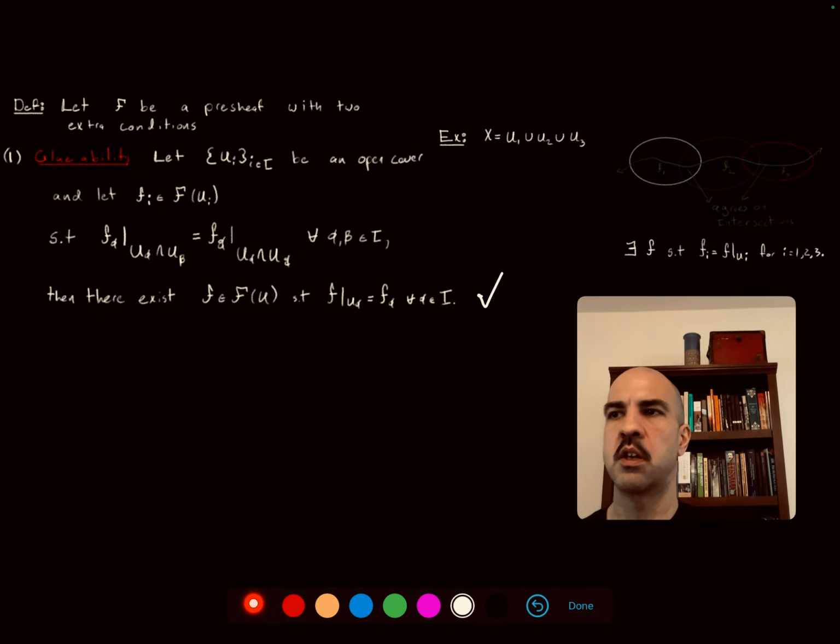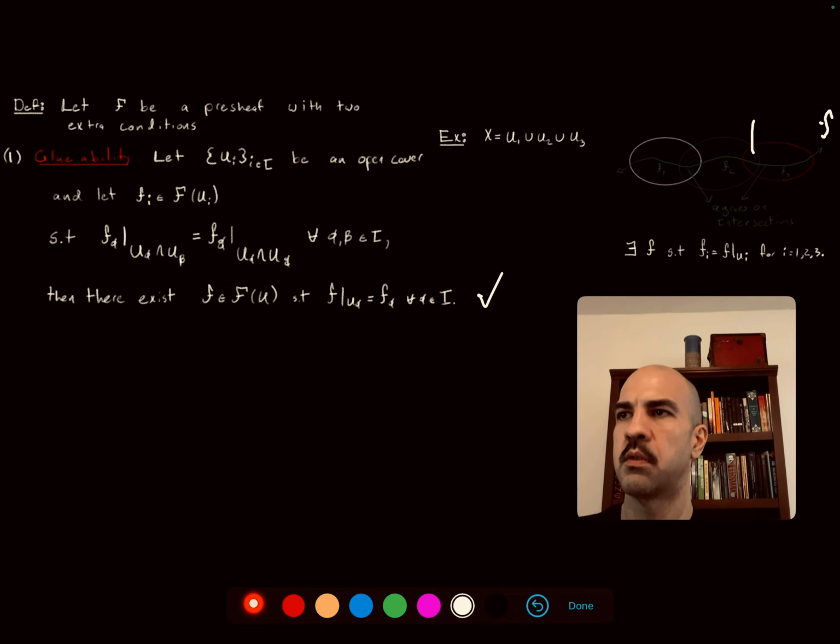So it's better to look at this as an example. If we take X to be the union of three open sets, and on these intersections they agree, well then we say there's some global function f, and there exists an f such that f sub i equals f restricted to each of the open sets.